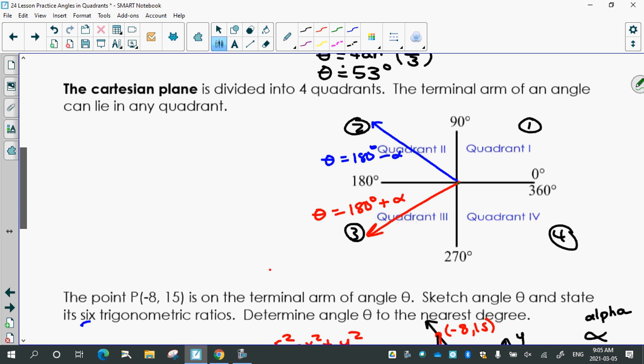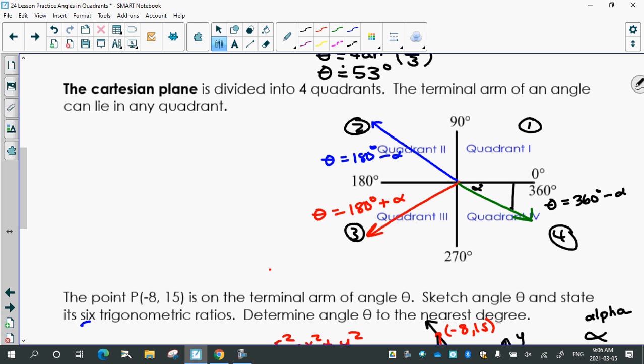And if your angle's in quadrant 4, think about where alpha would be. Alpha would be here. So theta would be 360 all the way around, take away alpha.